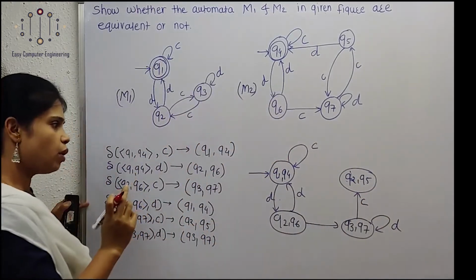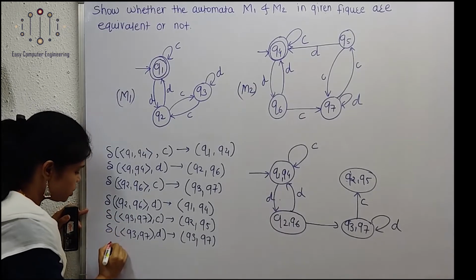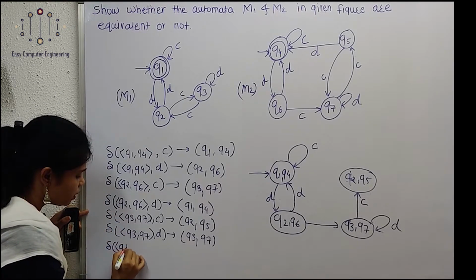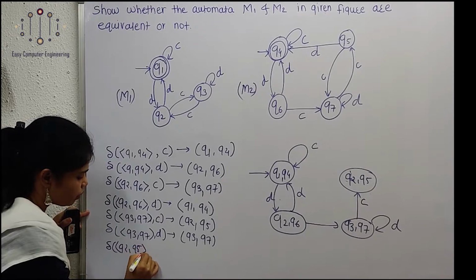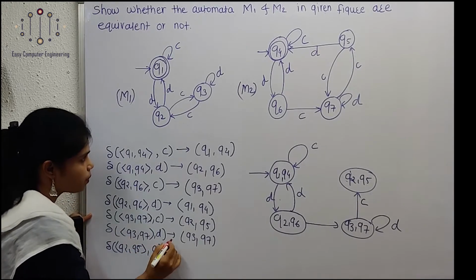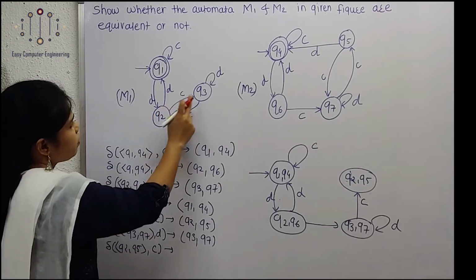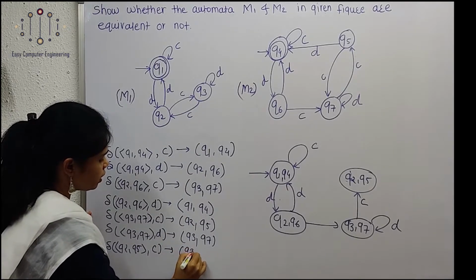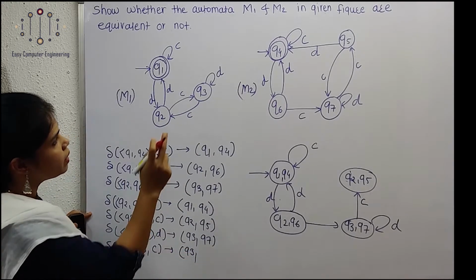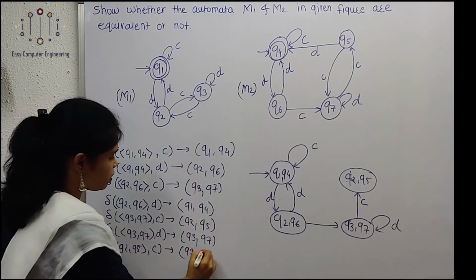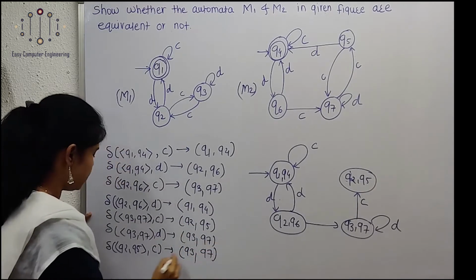Now we have to find the C and D transitions from Q2 and Q5. On C, from Q2 it is Q3 and from Q5 it is Q7, which is already present.